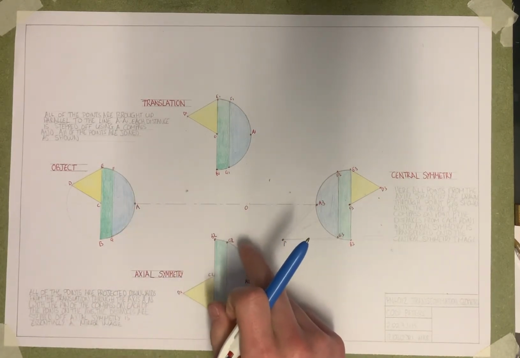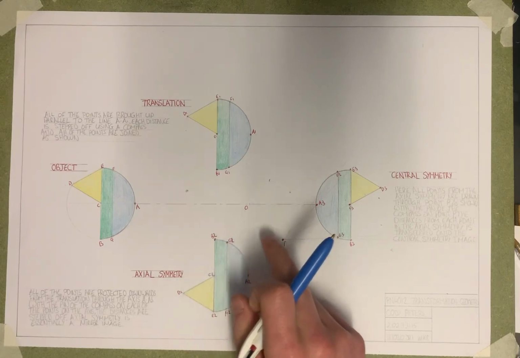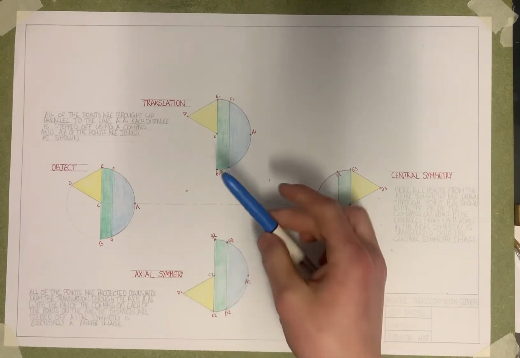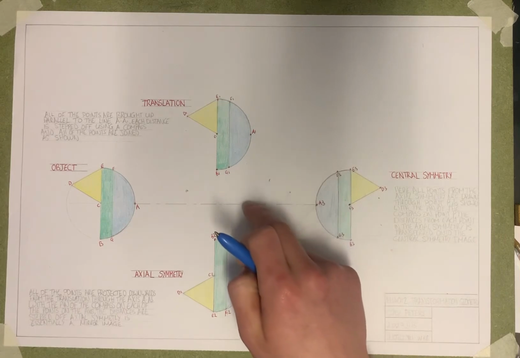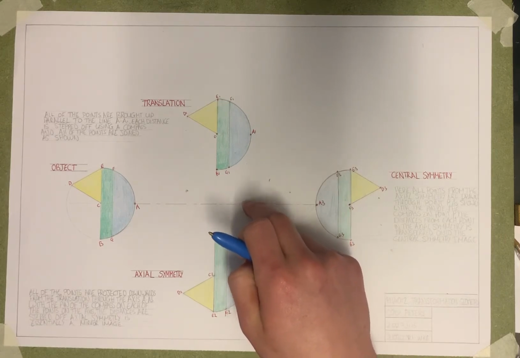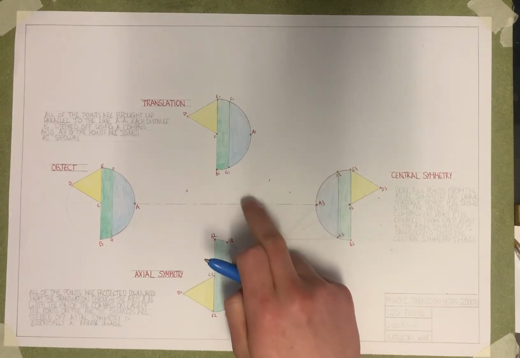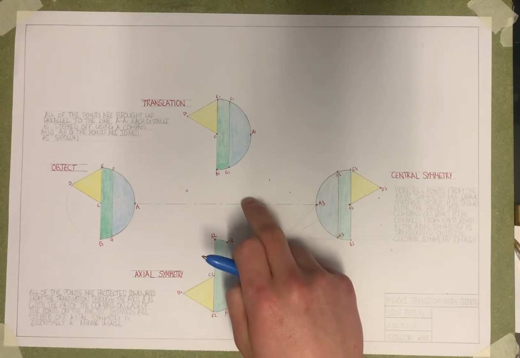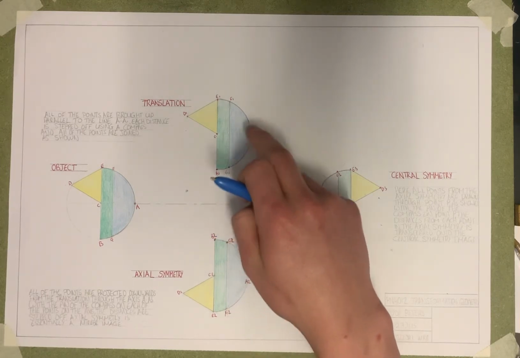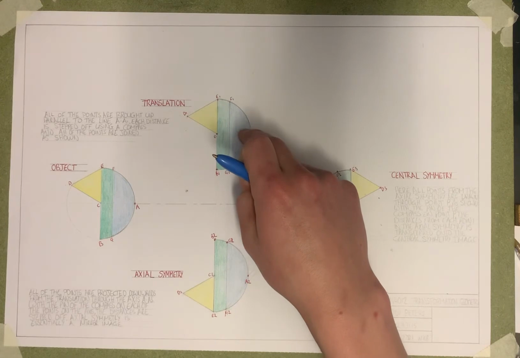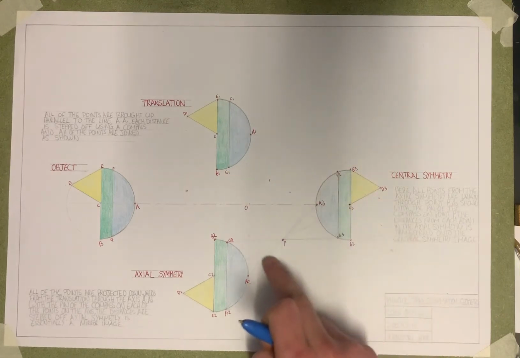Then A1 has a radius of 60 millimeters from O. So we put the pin of our compass on O and stretch it out to 60 millimeters, and we strike an arc along here and around.